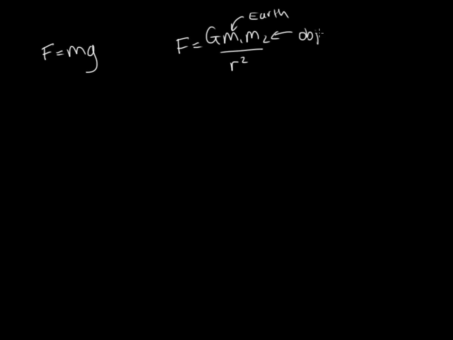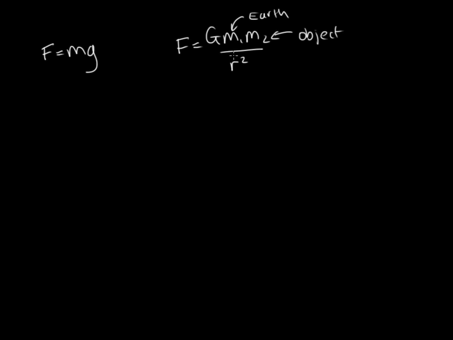So we know that F is equal to mg describes the force felt by an object dropped on the surface of the Earth, and F is equal to G m1 m2 over the distance between them squared is the force felt due to gravitation of any two objects which are attracting each other. When we're dropping an object on the surface of the Earth, mass 1 is the Earth and mass 2 is the object.